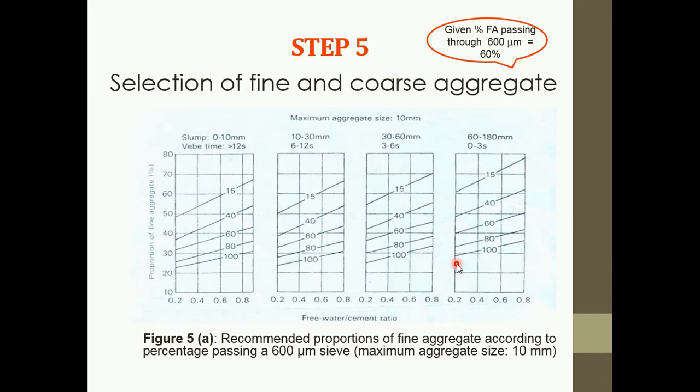Given that the percentage of fine aggregate passing through 600 micrometer is 60%, and we know that the maximum aggregate size is 10 mm, so we are going to use figure 5a, and our slump is 100 mm, so this is the chart that we are going to use. The x-axis is the free water cement ratio. Our free water cement ratio is 0.46.